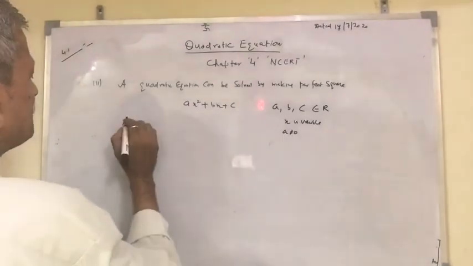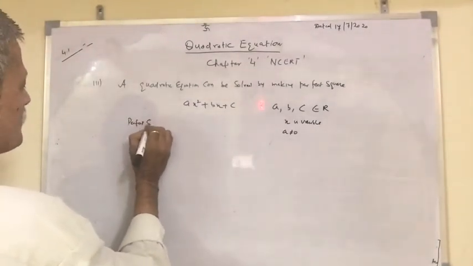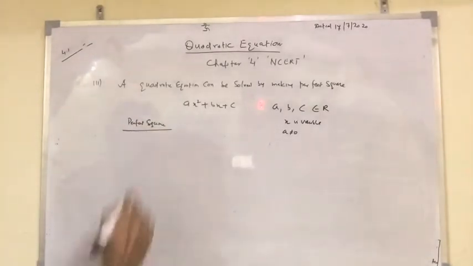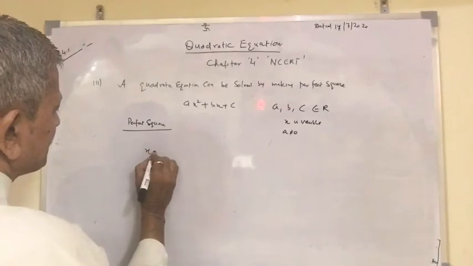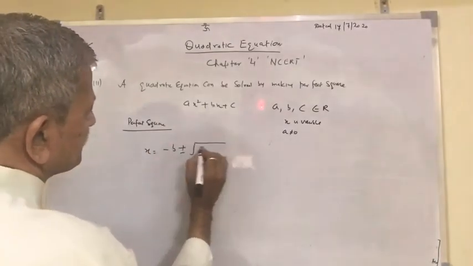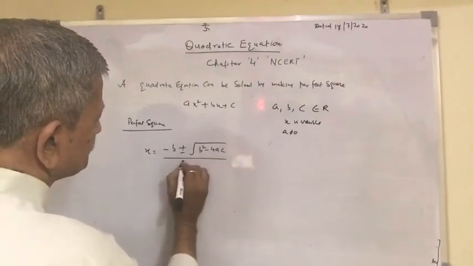If you make out a perfect square, then its value will be given as x is equal to minus b plus minus square root of b square minus 4ac over 2a.